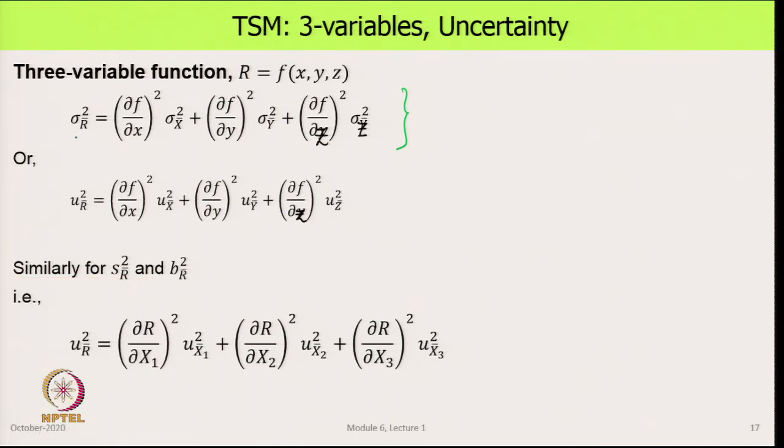Or instead of sigma, we have been calling the standard error as u. So, we just substitute sigma by u, and that is the function that tells us what we are looking for. And in terms of the symbols that we have been using, our function is right here.